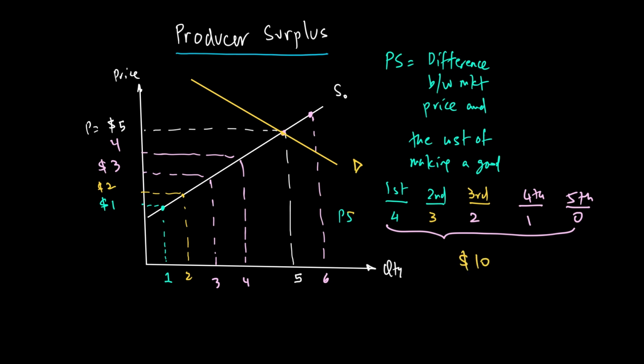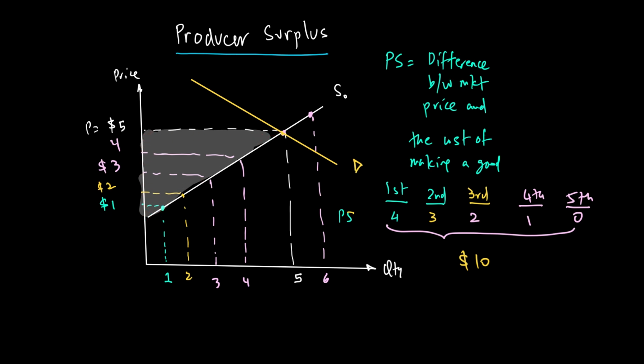And if I look at the area of total producer surplus, which is $10, it will be all of this region, which is the area under the market price of $5 above the supply curve. So in short, what we say is this, that the area under the market price above the supply curve is my producer surplus.